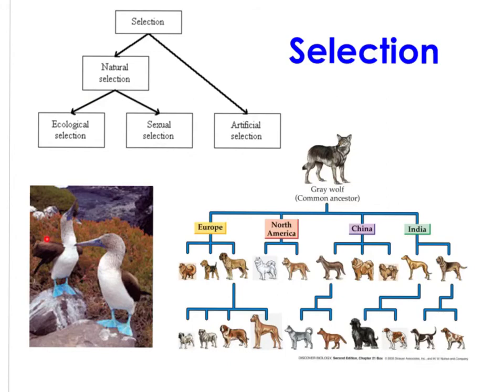And so sexual selection we see all over throughout all of life on this planet. There are certain characteristics, certain behaviors that are really important for different organisms to be able to mate. And so sexual selection also causes changes in populations over time.